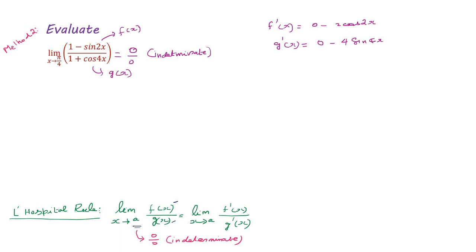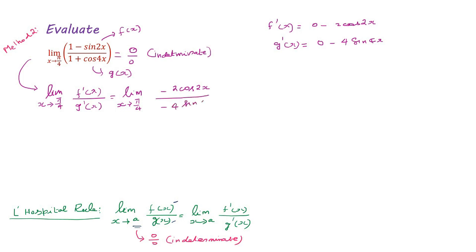Then we get limit x tending to pi by 4 of minus 2 cos 2x by minus 4 sin 4x. Okay, this minus 2 divided by minus 4 is there, here. Minus 2 divided by minus 4 we can take as half, right?